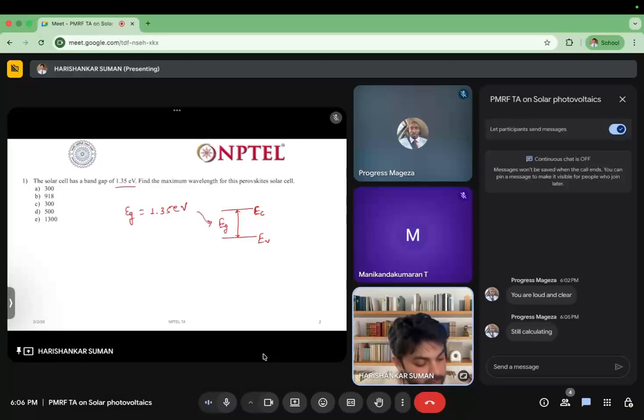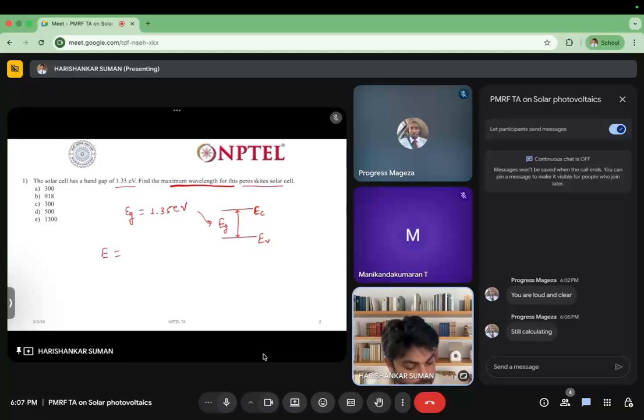Now you have to find the maximum wavelength for this. This is a type of perovskite band gap, so that's why perovskite is written. What is meant by maximum wavelength?